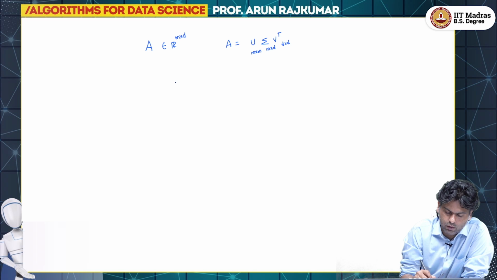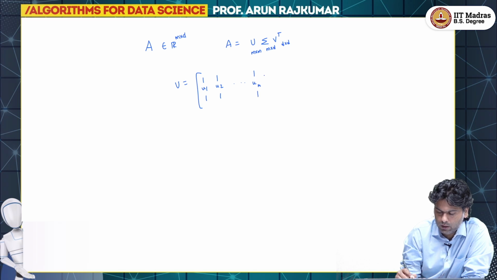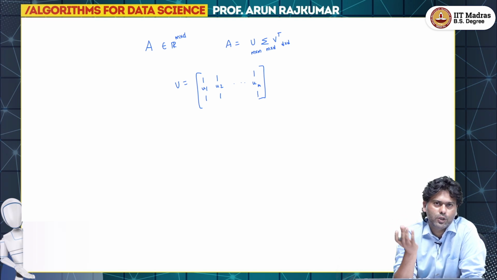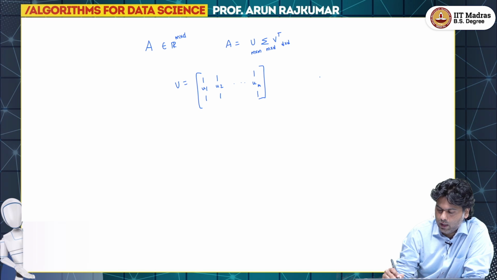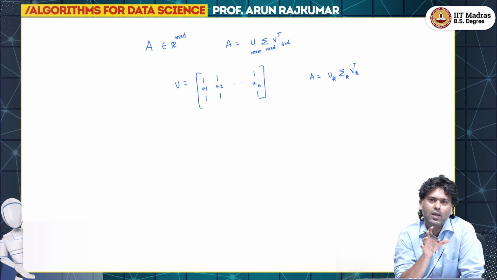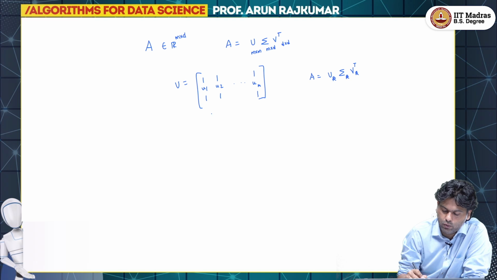That is, if U is U1, U2, till Um, but then we care about only the top k, rank k approximation for A, then what we really want, the rank k approximation, would be, let me call this U_k sigma_k V_k transpose, right. So we only need the top k left singular vectors, which is U1 to Uk.